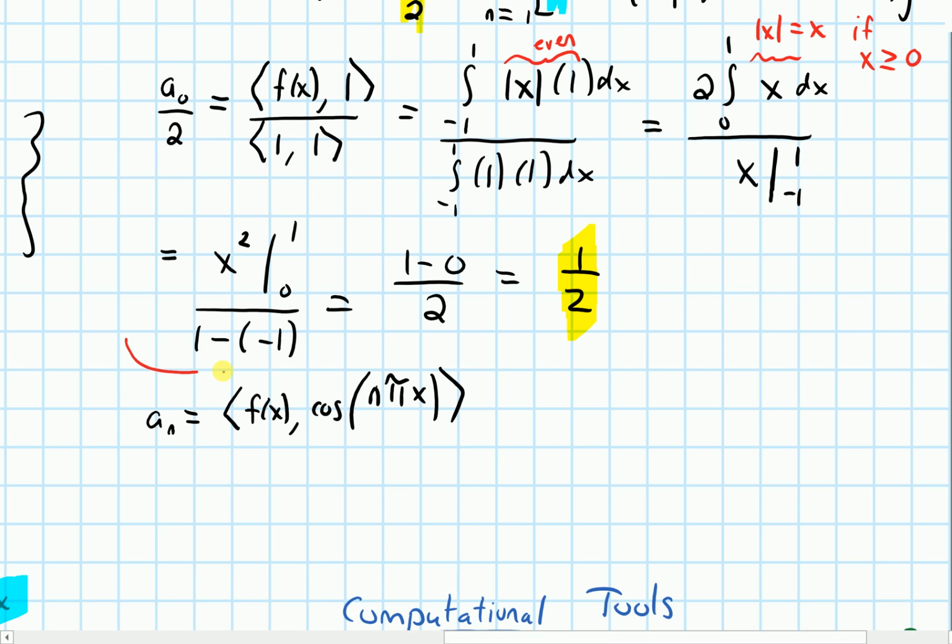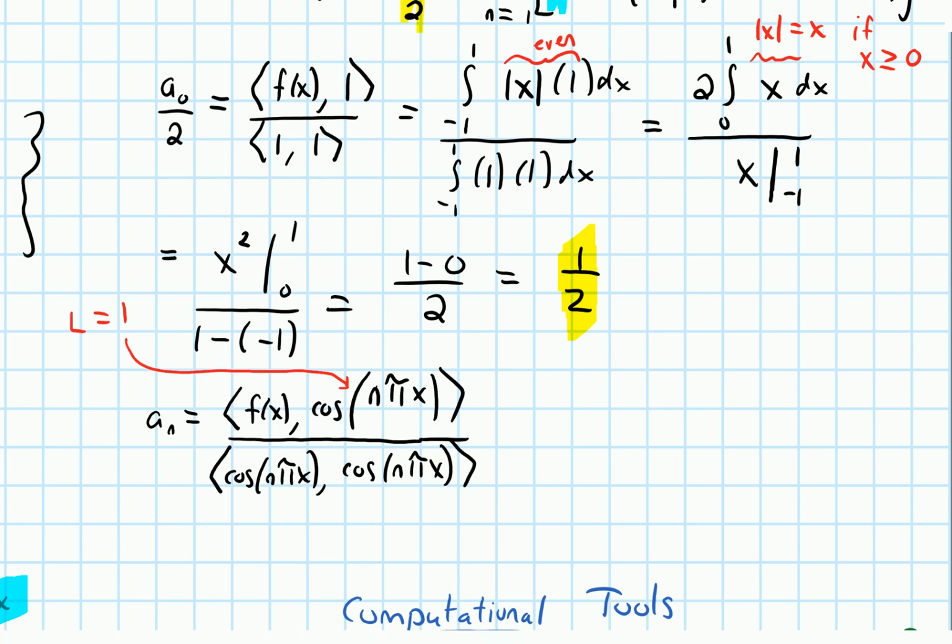Then you divide this by the inner product of the cosine term, cosine of n pi x, with cosine of n pi x. In other words, this coefficient represents what the coefficient is when we project our function f of x onto this cosine function.